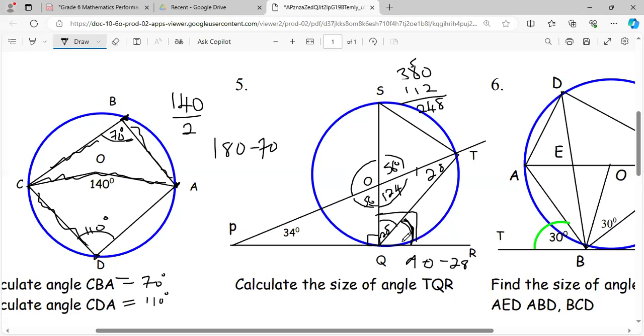Was it supposed to be 28? Yeah, 28 and 28, 56. So let's see if I can just point that here. Alright, so 90.